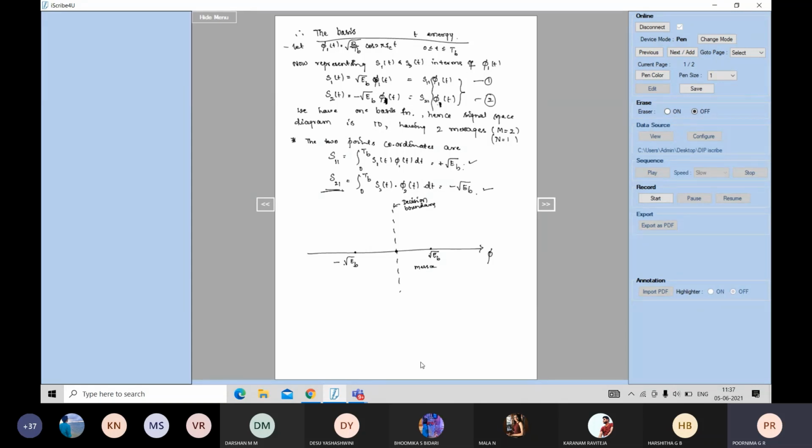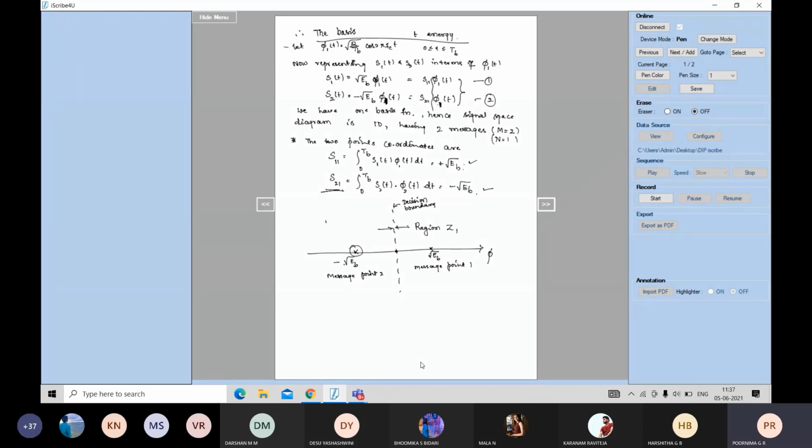Message point 1 is at plus root EB, and message point 2 is at minus root EB. The region where message point 1 is located is termed region Z1.